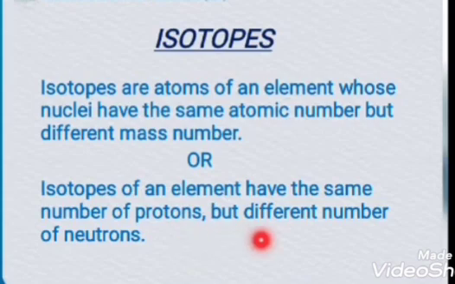And also we can say that isotopes of an element have same number of protons but different number of neutrons. Same atomic number means same number of protons. Different mass number means different number of neutrons.